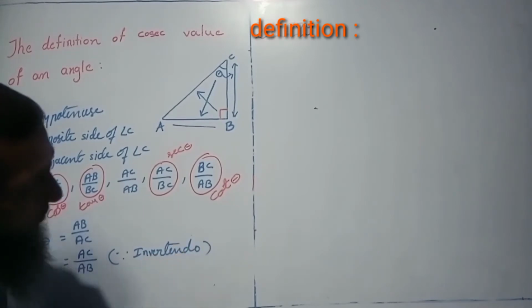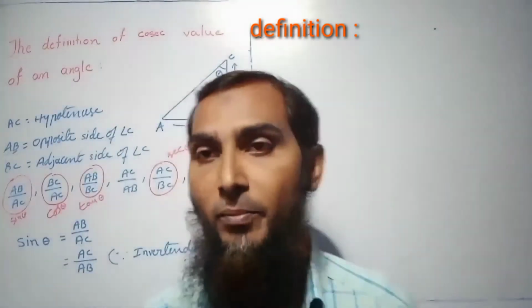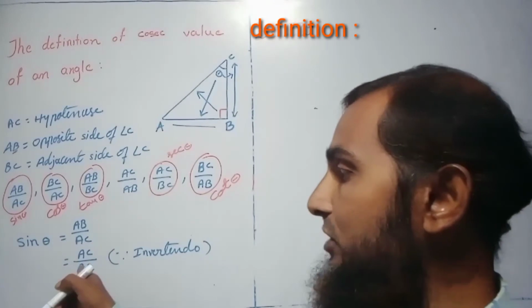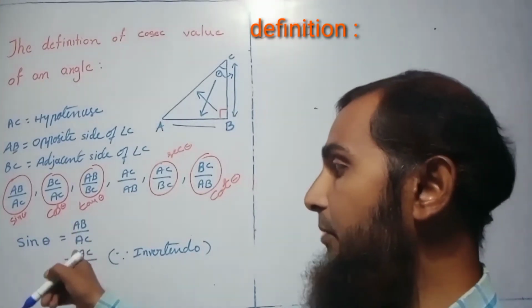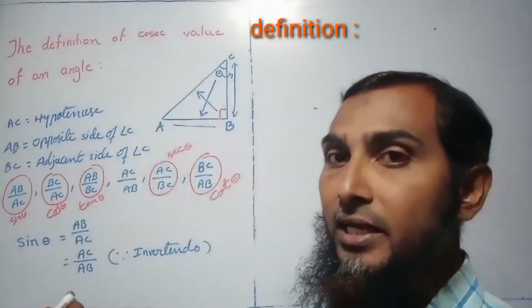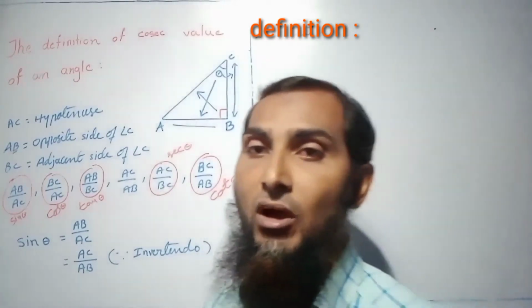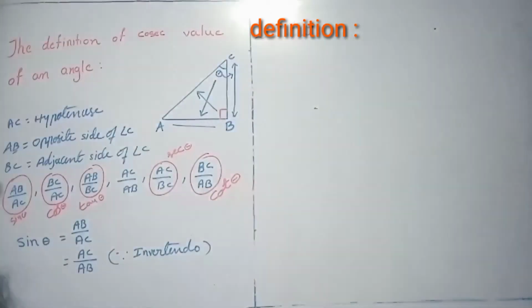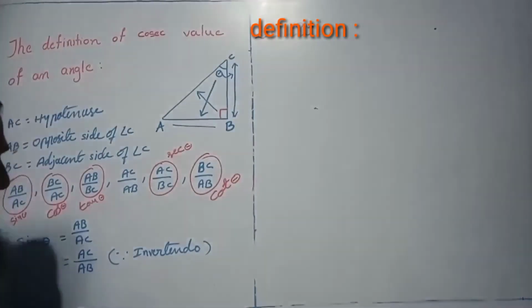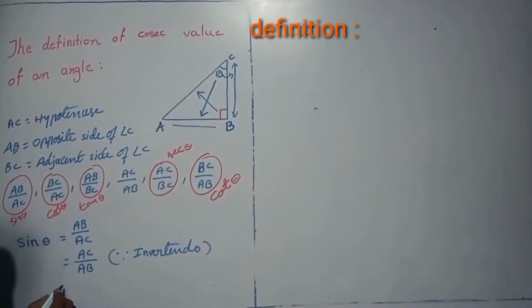The property is invertendo. With the use of the property invertendo, the inverse of sine theta, AB by AC, is AC by AB. This AC by AB is called cosecant or cosec theta. So the last and final ratio, AC by AB, is called cosec or cosecant theta.